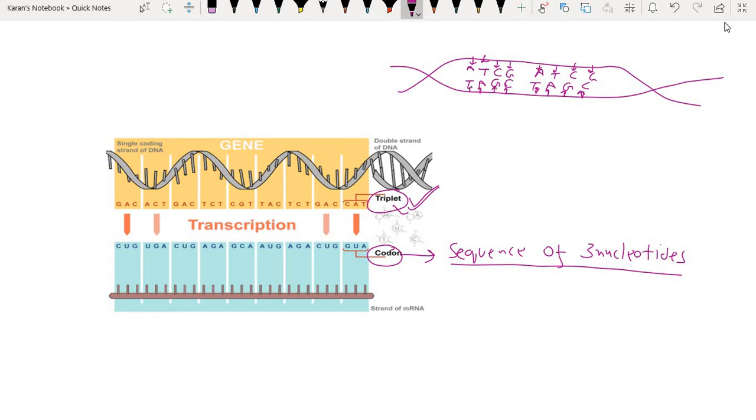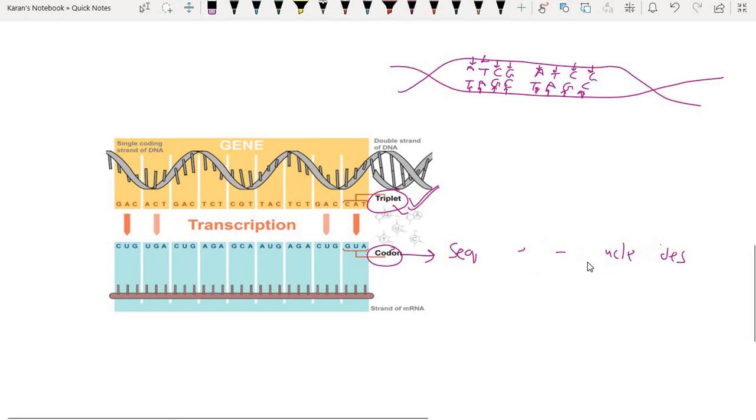Now let us take one strand as coding strand, the other one as template strand. Let me erase this one. So now I'll take the coding strand first.